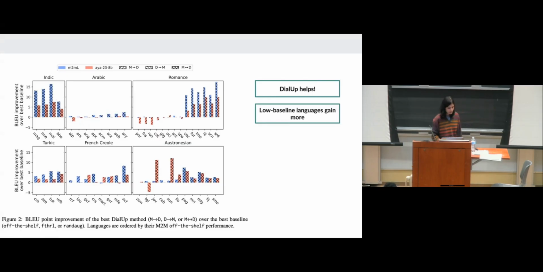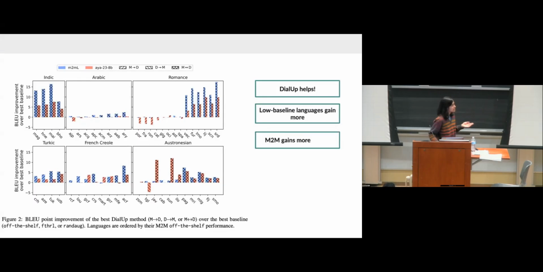But we also have these CRLs over here that benefit basically not at all. These languages, by the way, are ordered by their baseline performance, so the ones on the right had a much lower initial baseline. In general, we see that languages with lower baselines benefit a bit more than ones that were performing well to begin with.